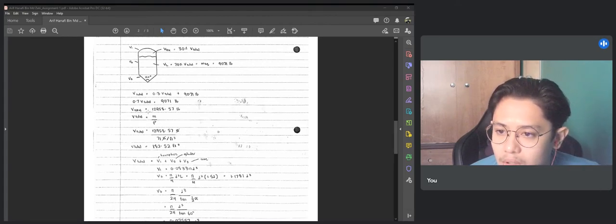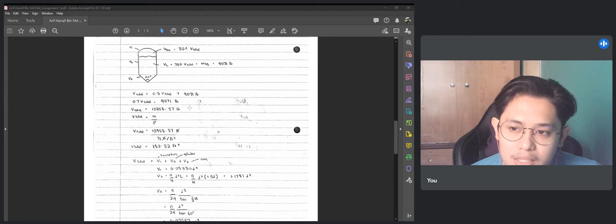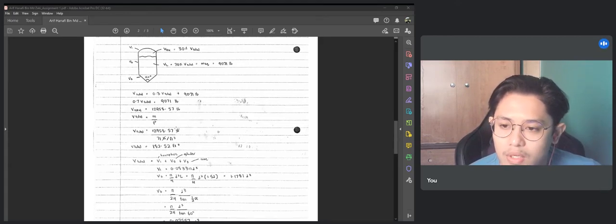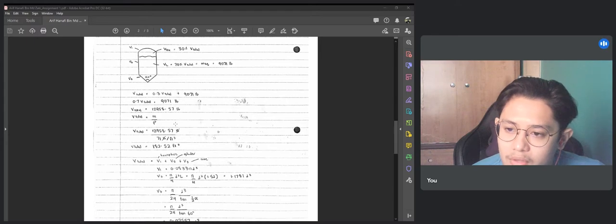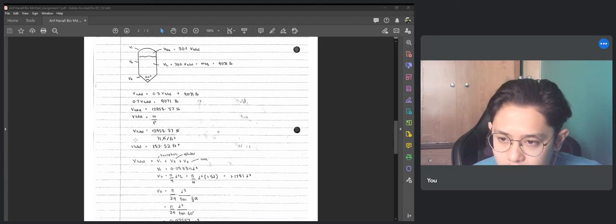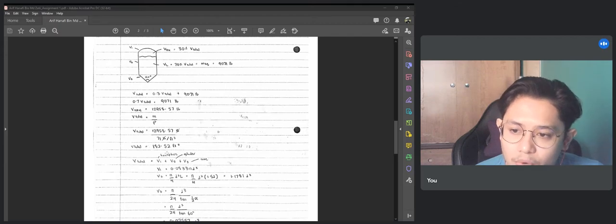Because pound is a unit of mass, we need to convert it by dividing with the density of the liquid itself. So 12958.57 pound divided by 71, we will get the volume total of the tank is 182.52 feet cube.